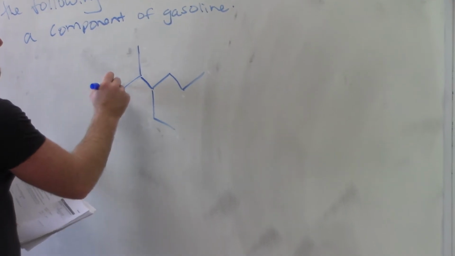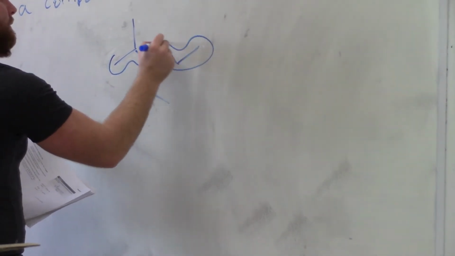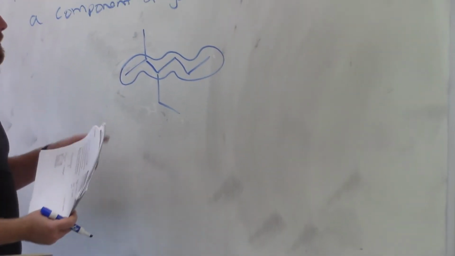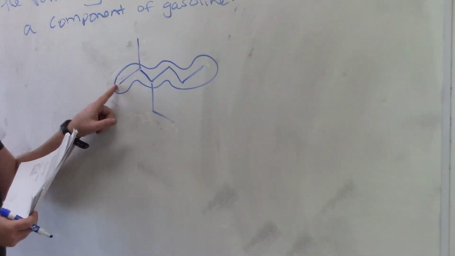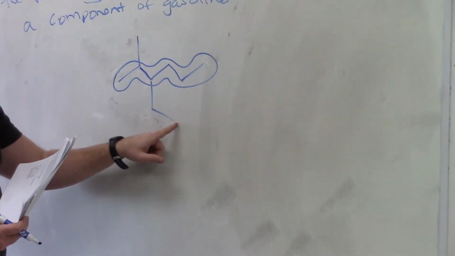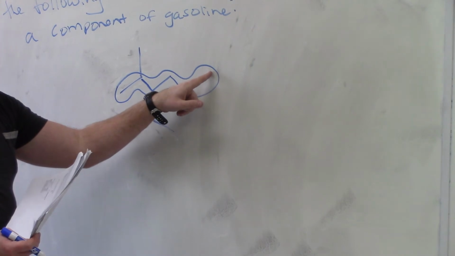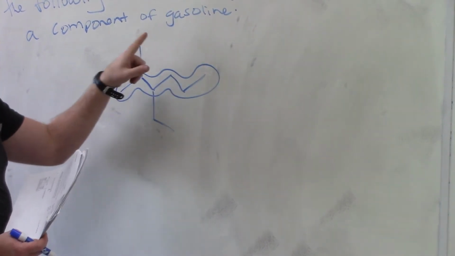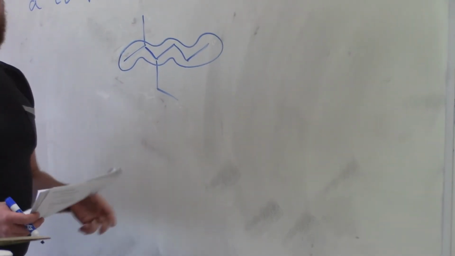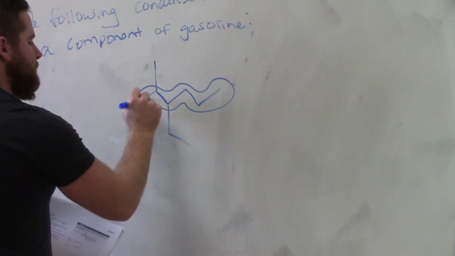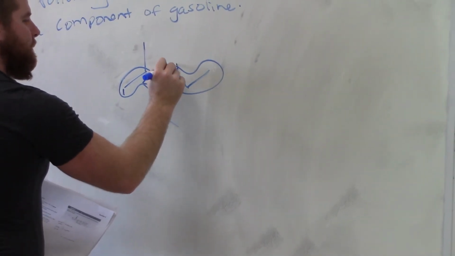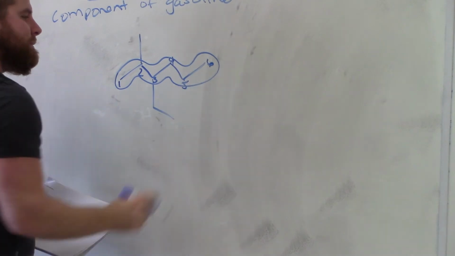So 6 is my longest branch. And I number carbon number 1 from this side because it's closest to where the side branches start. So this is not carbon number 1 because it's further away from where the interesting stuff happens. Okay? So this is carbon 1, 2, 3, 4, 5, 6.